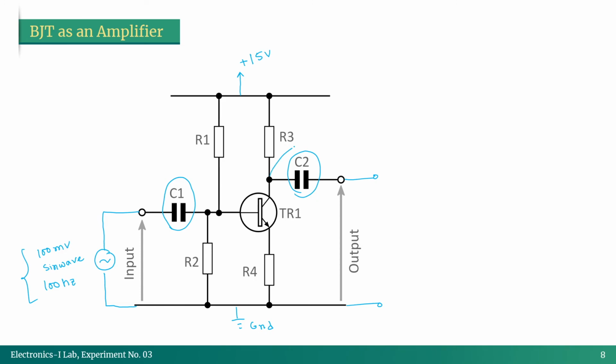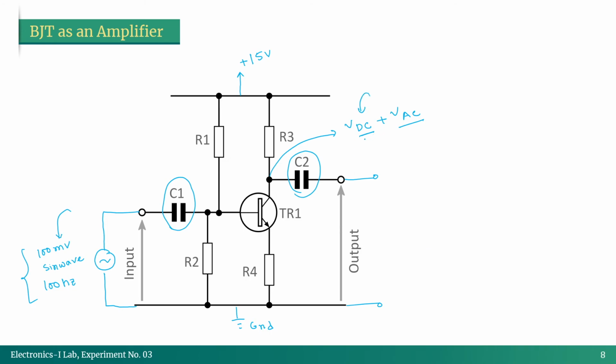So because of the biasing, we already know there should be some voltage VDC here, but this will not be permitted, only the AC values will be permitted. So the total value here will be VDC plus VAC. AC because of the signal amplification, DC because of the biasing.